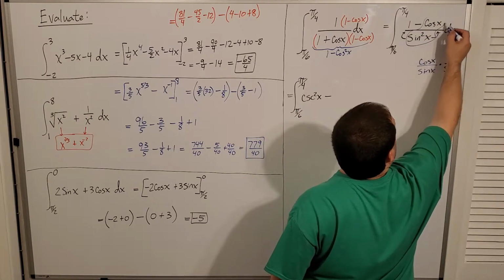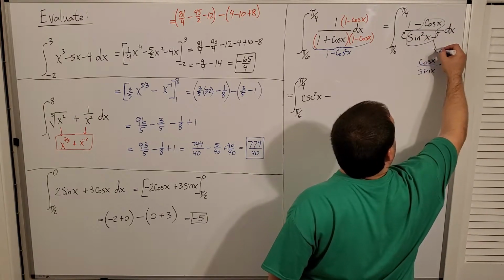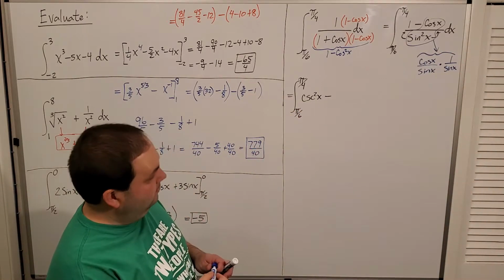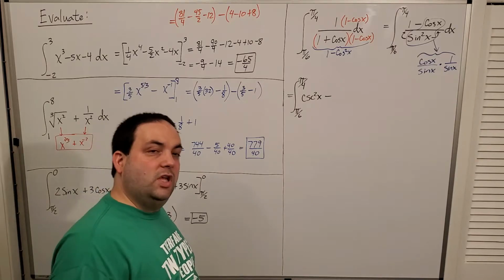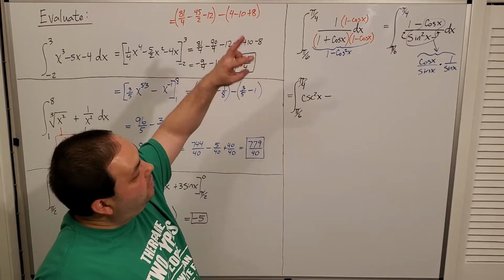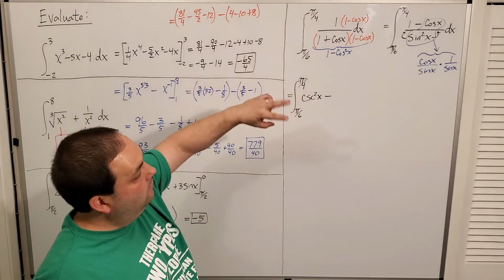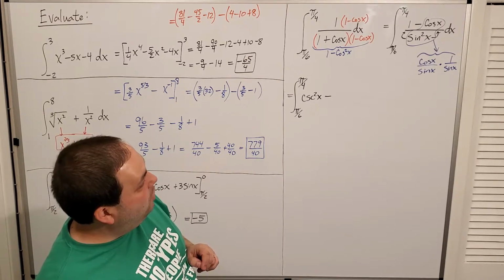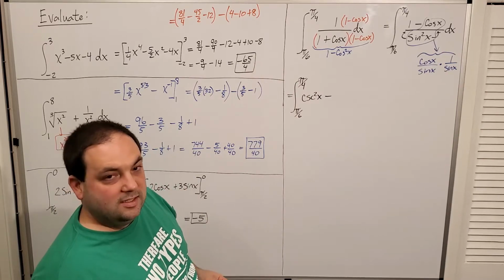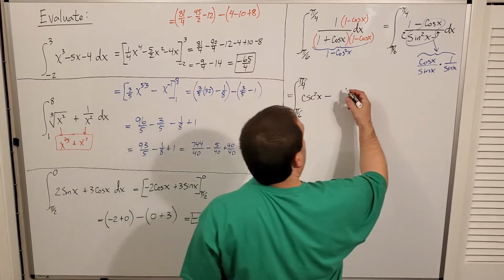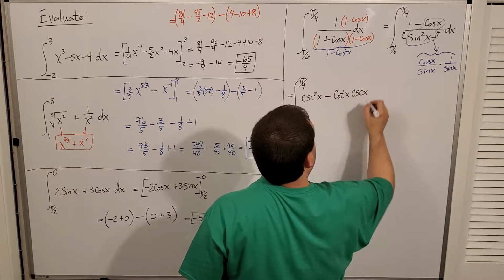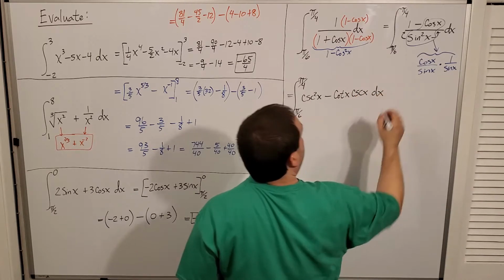I can split that way. But I know that cosine x over sine x is cotangent x. And I also know that 1 over sine x is cosecant. So what I have is cotangent x, cosecant x, dx.